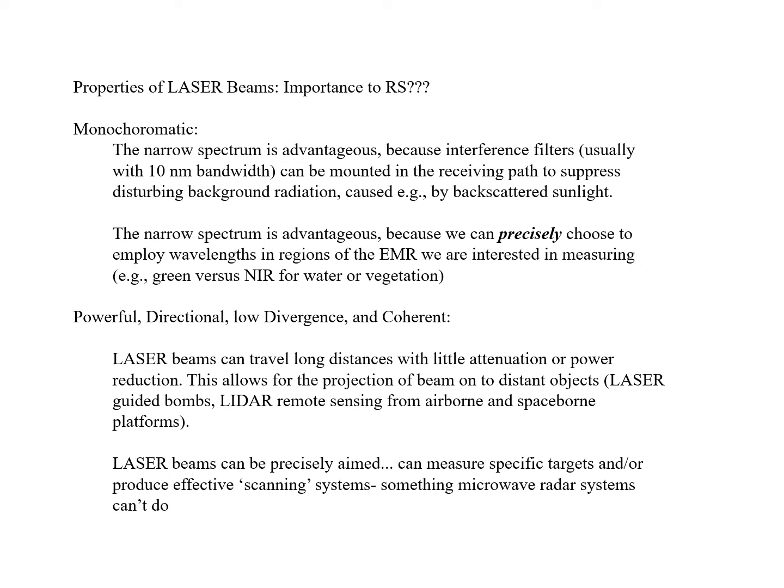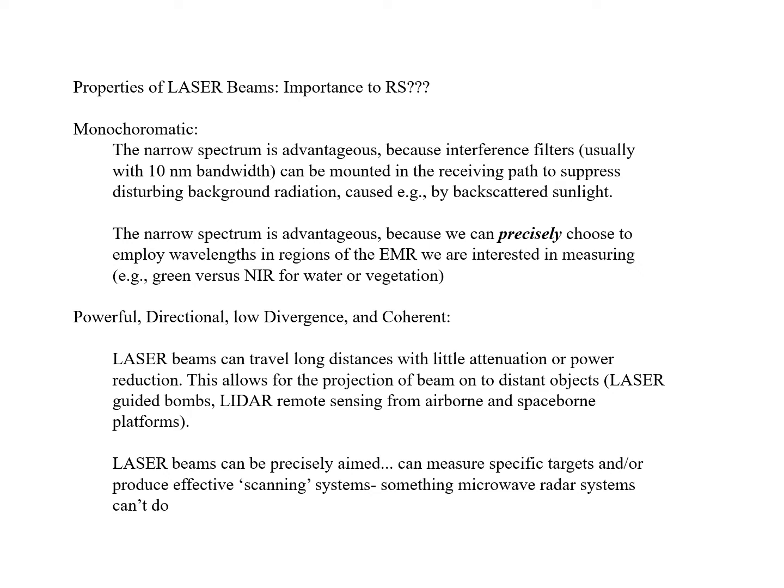So we emit pulses of laser light from satellites that are around 400 kilometers up, and there's enough energy for it to go down through the atmosphere, reflect off the ground, and come back to the sensor on the satellite.